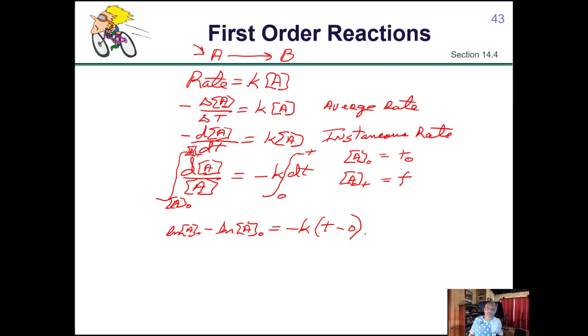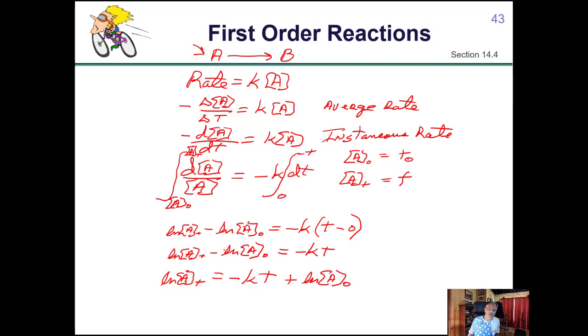So all that really gives us is the natural log of A at time t minus the natural log of A at time 0 equals minus kt. Now let's do a simple rearrangement of this equation and come up with the natural log of A at some time t is equal to minus kt plus the natural log of the starting concentration. I just added the natural log of A naught to both sides.